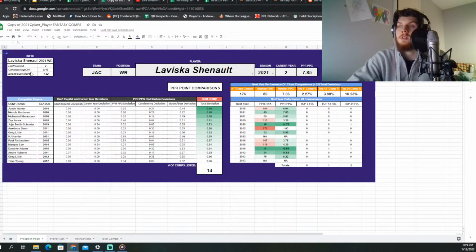You have the coefficient of variation, which is just a measure of consistency, and you have the kurtosis, which is a measurement of the tail of the bell distribution of all the points that they scored during the season.